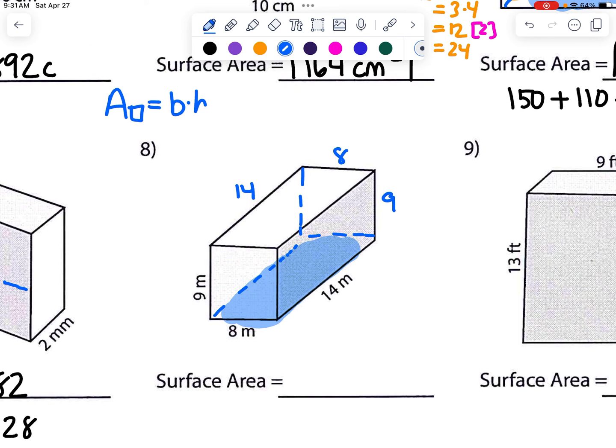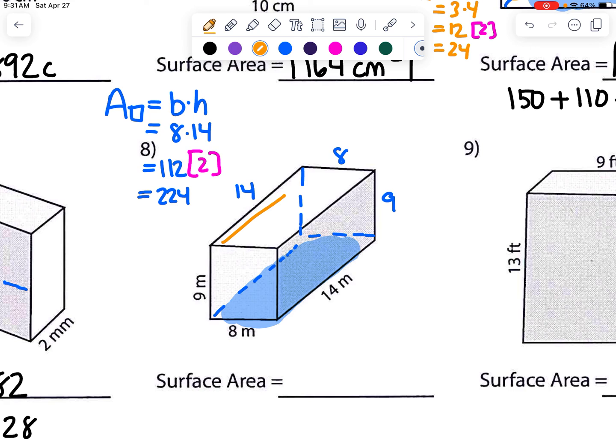And please remember that you are doing this on a separate sheet of paper. The blue rectangle has dimensions of 8 times 14. 8 times 14 is 112. And if the bottom's 112, that means the top would be 112. So 112 times 2 is 224.